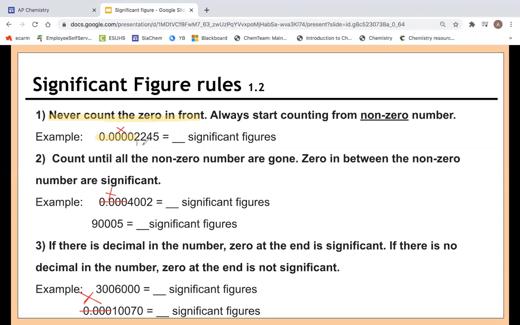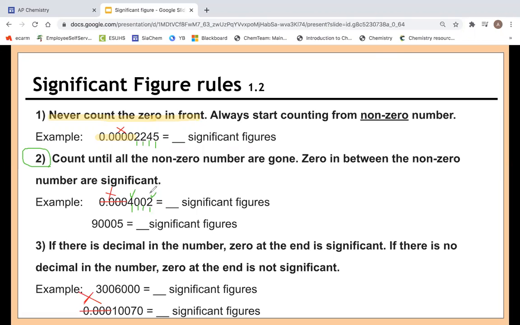So that would be 1, 2, 3, 4, right? I have 4 of them. Now I'm kind of skipping over because I know rule number 2. Rule number 2 says you count until all the non-zero numbers are gone. See how there's a non-zero number here and a non-zero number here.